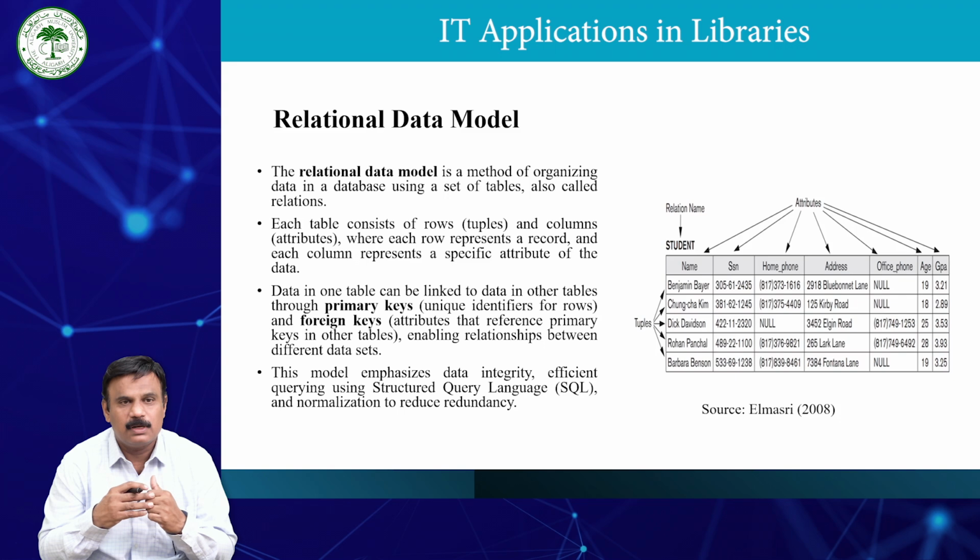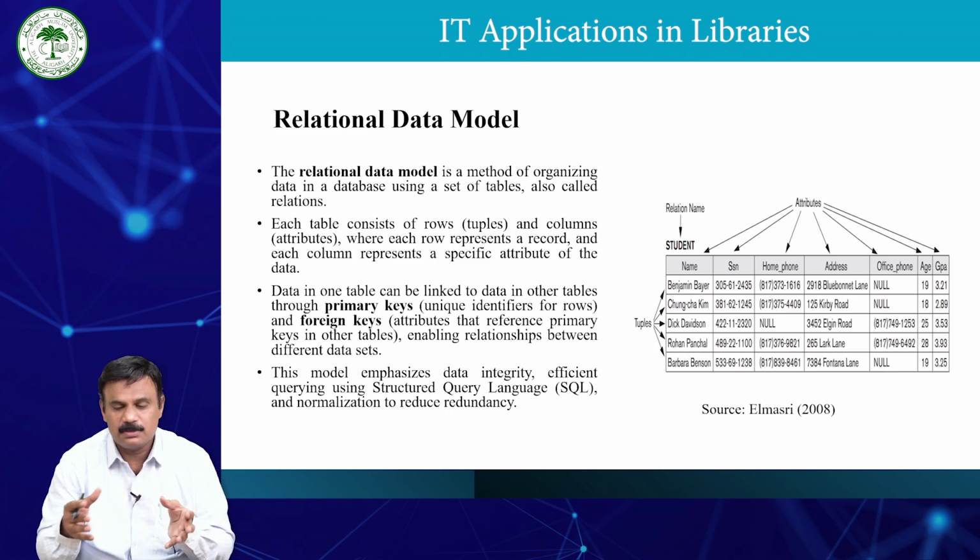Next one is the relational data model. The relational data model is a method of organizing data in a database using a set of tables called relations. You will find in the figure how these data attributes have been related, connected as a relationship link.